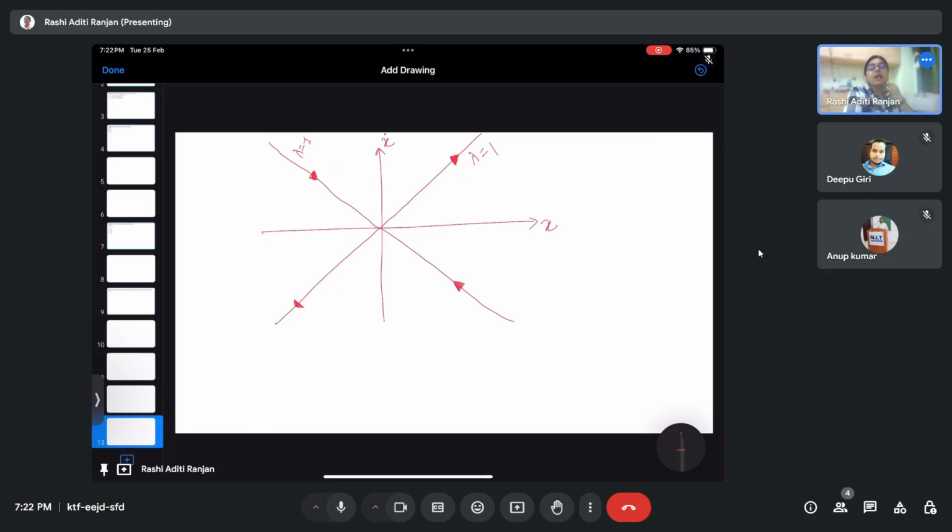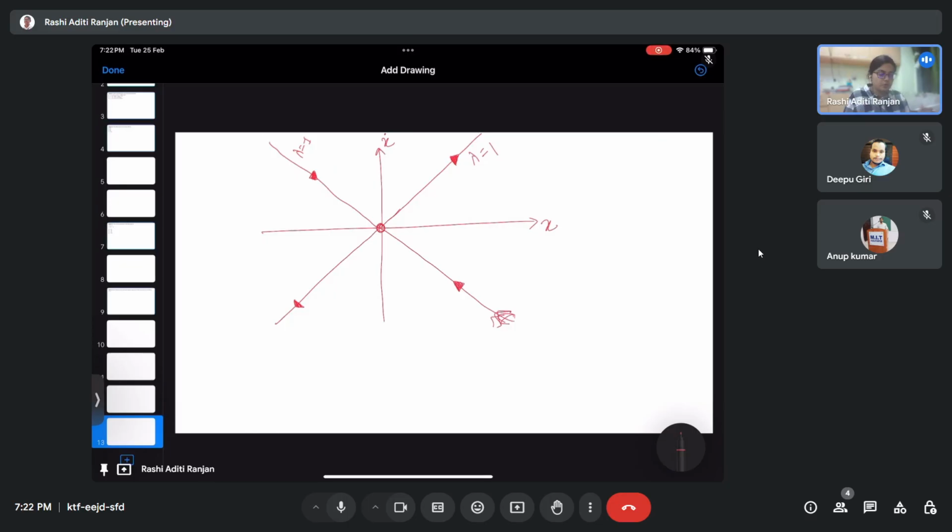Now, you see that this point here, if I approach from this direction, it is going to reach the fixed point. But if I come from this direction, it is going to diverge to infinity. So now if I want to plot the phase plot, what will I do?